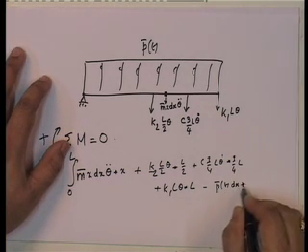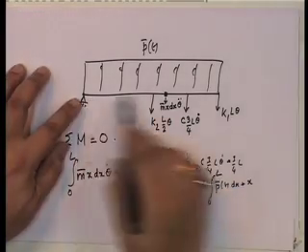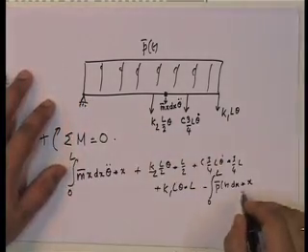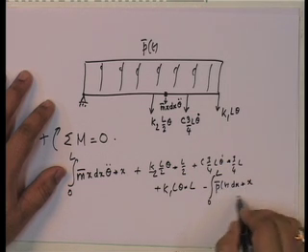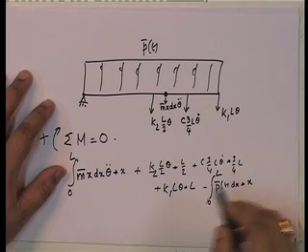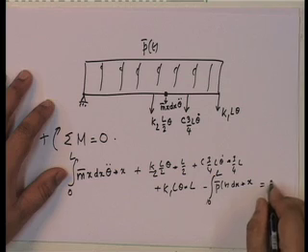That has to be multiplied by x and integrated from 0 to L, because this load acts everywhere. That is the moment of the infinitesimal load, summed up over the whole length, and it is equal to 0.